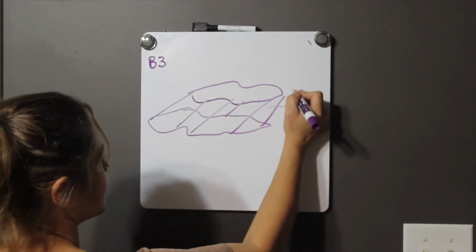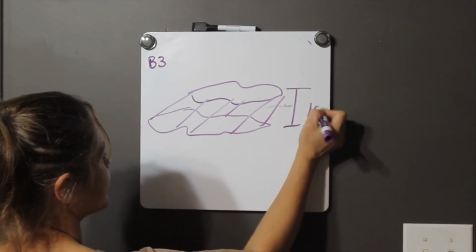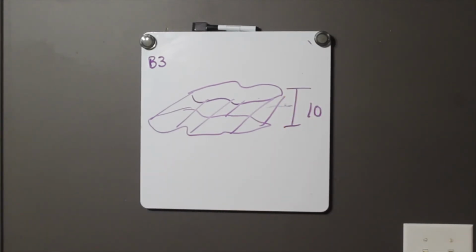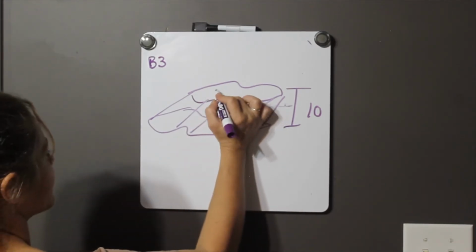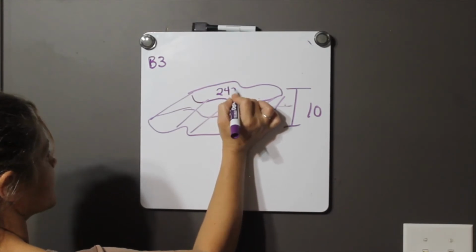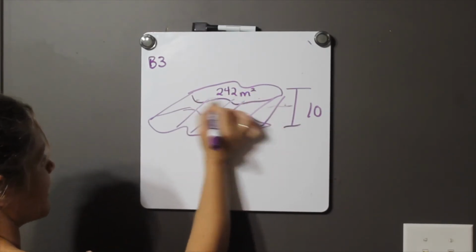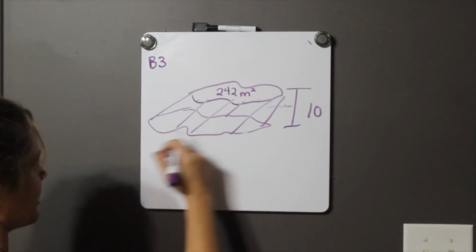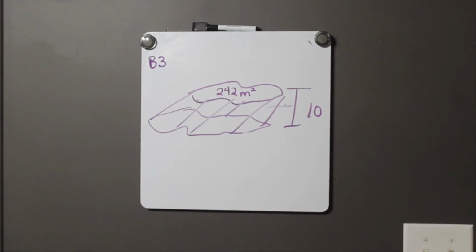Alright, and then the height is 10. Just look on the bottom of page 15 to see what this is actually talking about. 242 meters squared is the area of a base, so the top or the bottom. They say, find the volume of this cylinder.